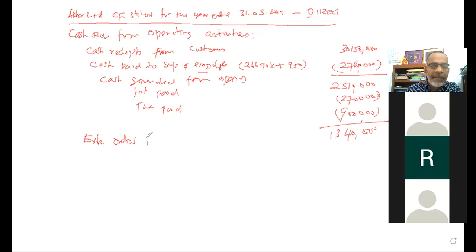We have to record the extraordinary item. For the extraordinary item, we are receiving the cash or we are paying the cash.